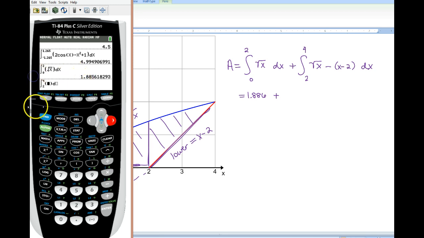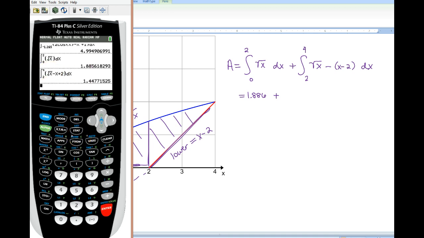And then we have square root of x minus x plus 2. I distributed the negative for the second one. So 1.448.